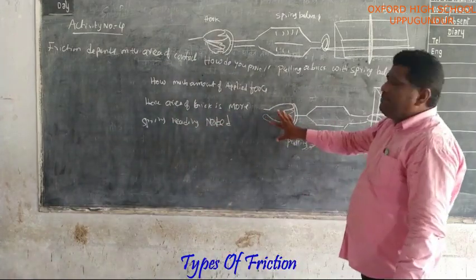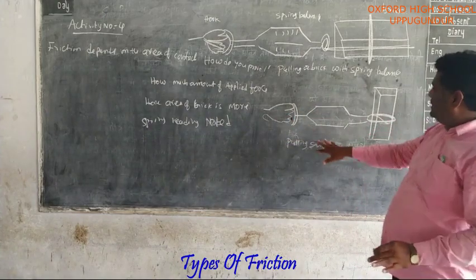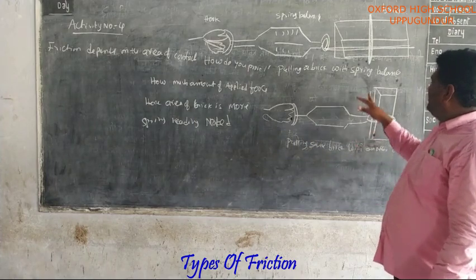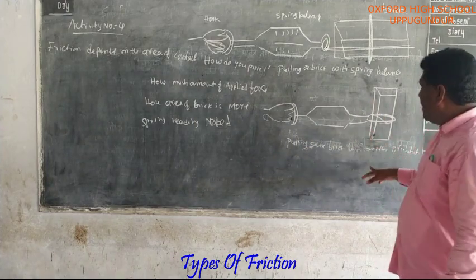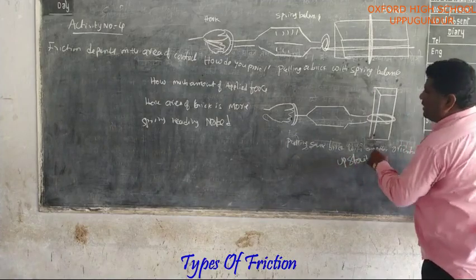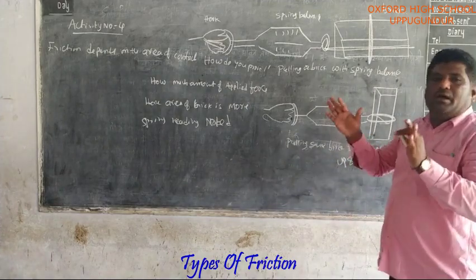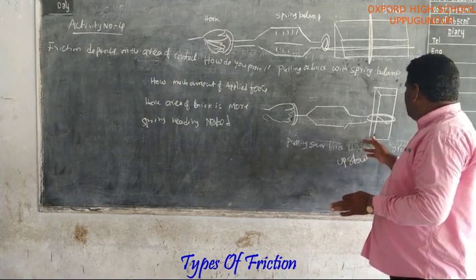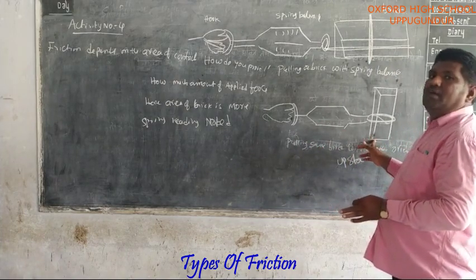The same experiment we do in another activity. Here the brick is kept on its side. How much area of the brick is occupied? The floor of the brick is very small.